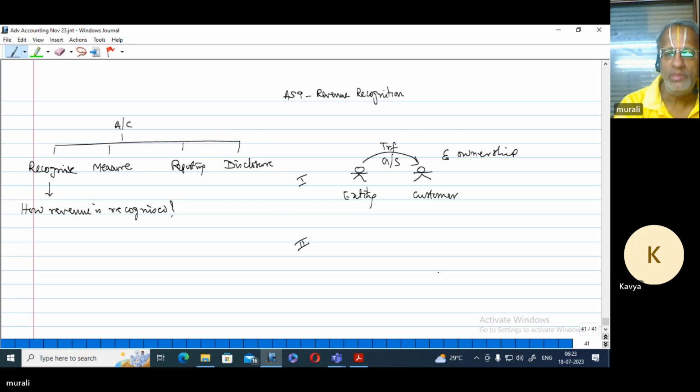Second important thing that you expect is that it should be capable of being measured. So you recognize when there is a transfer of goods and services and the ownership and control.